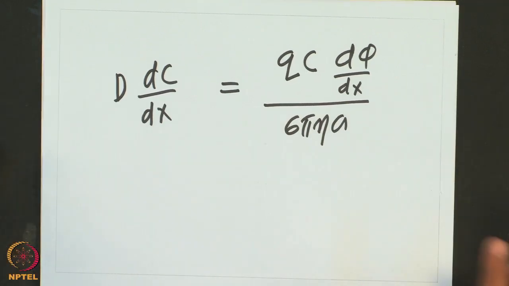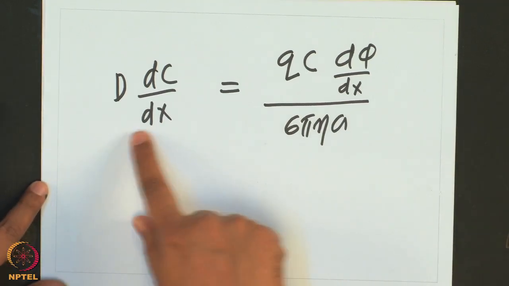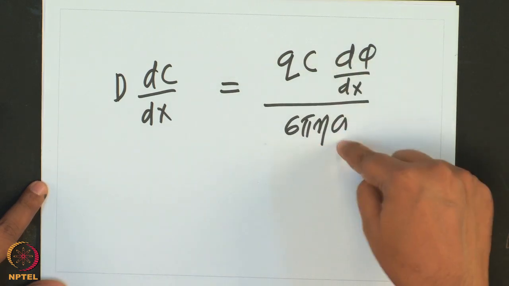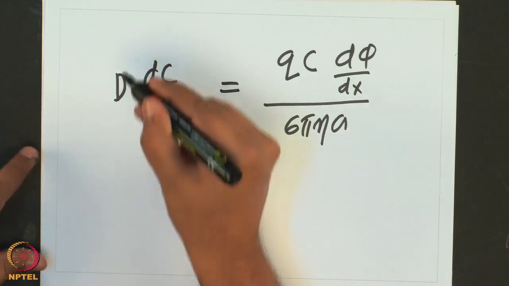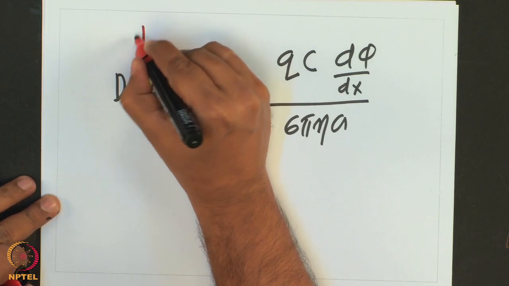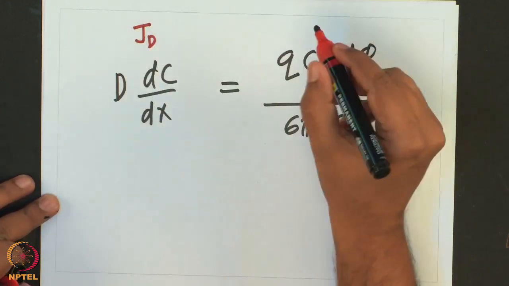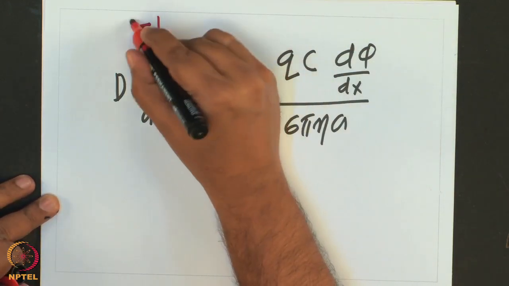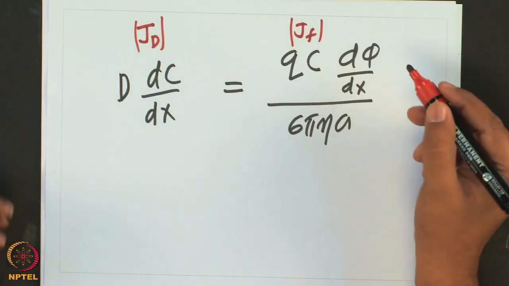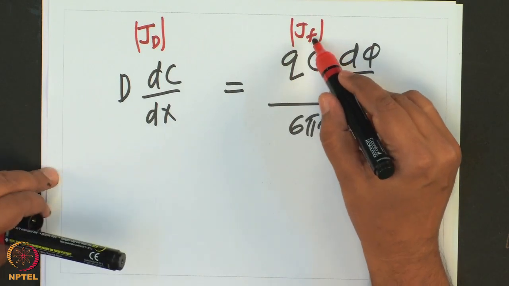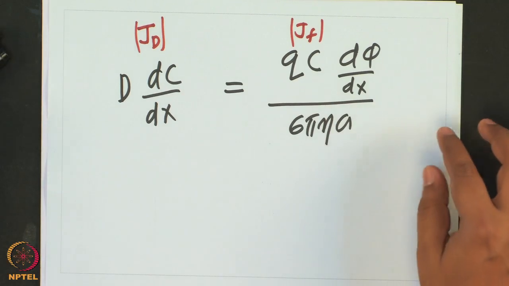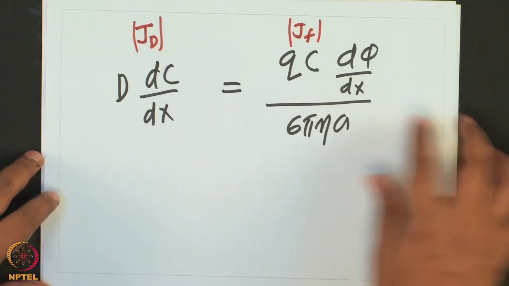So this is the magnitude of the diffusional current, and this is the magnitude of the flow due to external force. If you equate these two, what we get is this.